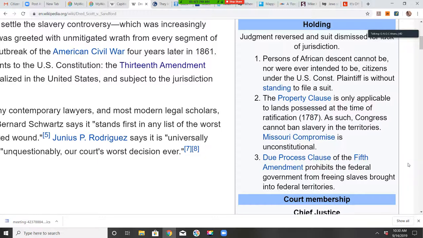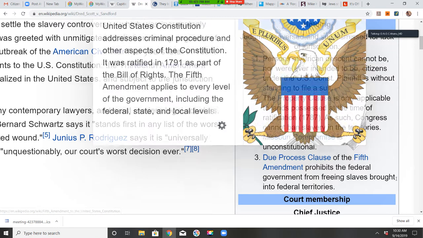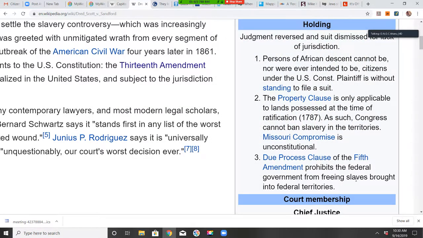We know that Abraham Lincoln had to pay reparations to D.C. residents when he freed their slaves, because the federal government, through due process, is not supposed to do that, so he had to pay. The property clause is only applicable to lands at the time of ratification. As such, Congress cannot ban slavery in the territories. Missouri Compromise is unconstitutional.